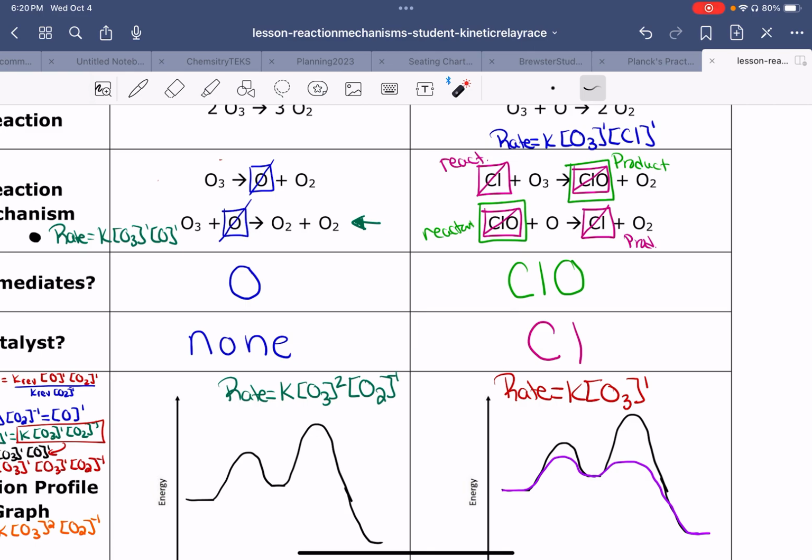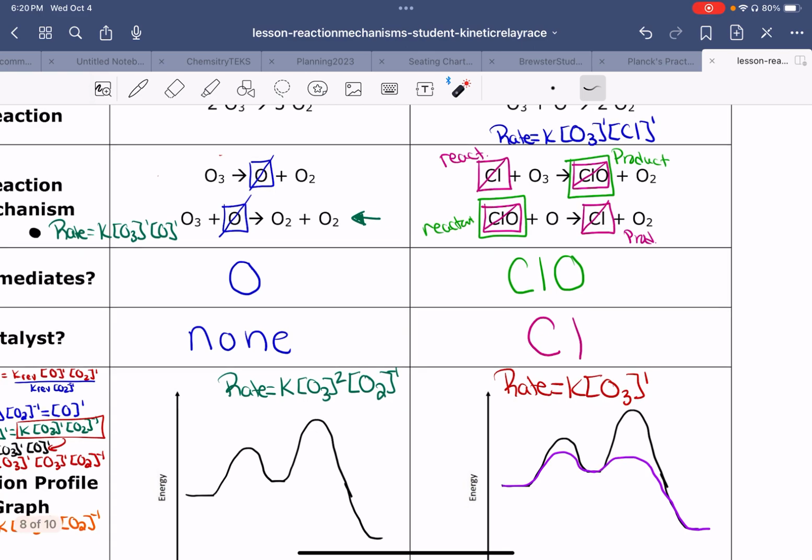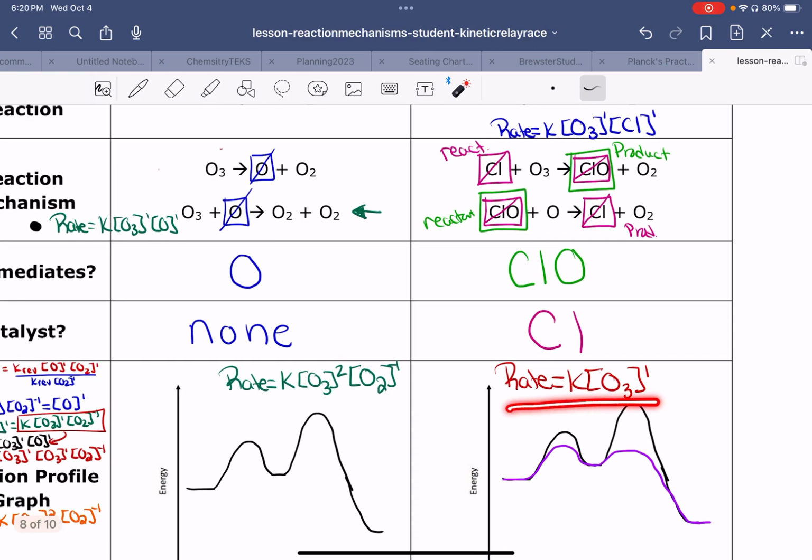So when I write this rate law, I'm going to have K times O3 raised to the first.